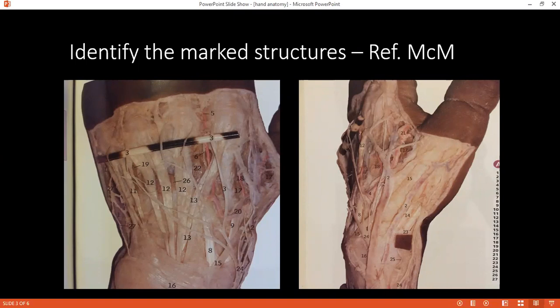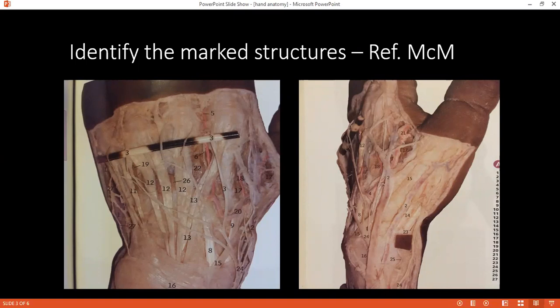How many tendons pass through it, and with how many synovial sheaths? There are eight synovial sheaths that pass through it.